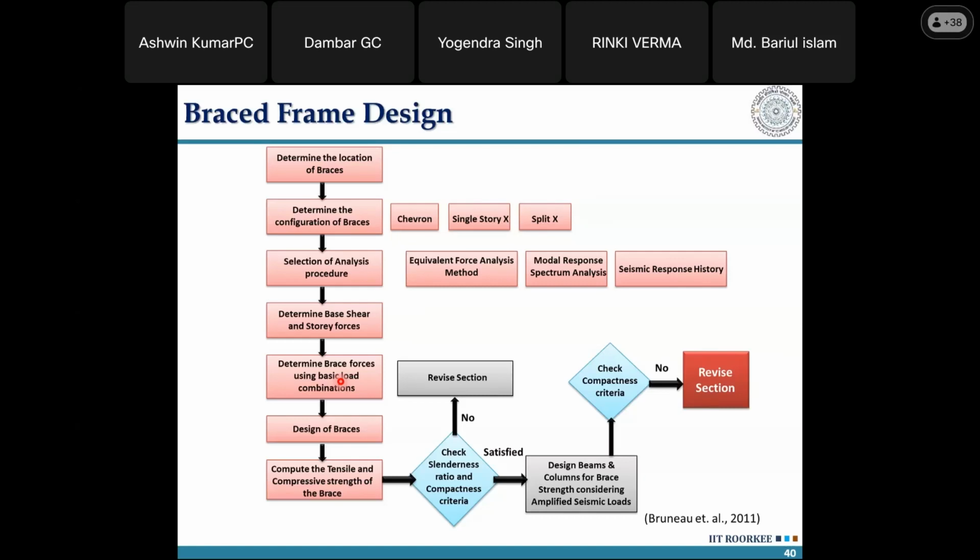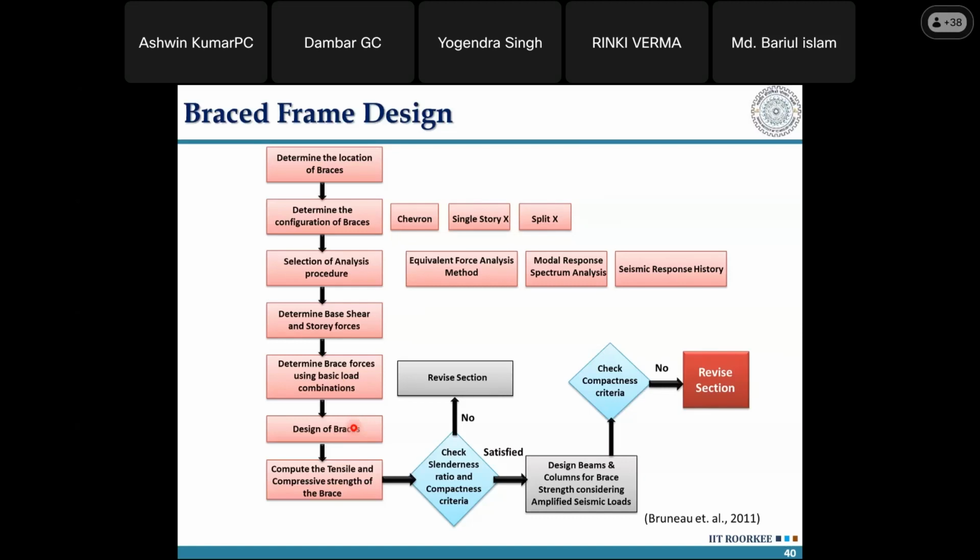Once you give the brace size with respect to the compression capacity, the tension capacity of that brace is obviously more than what is required. So you will design the braces first. Then you will check the compactness criteria or slenderness criteria. Let the slenderness ratio be less than 200 as per the American code or 165 as per our code. And you will check the D by T ratio as per Table 2 or Table D1.1 of 341-16.